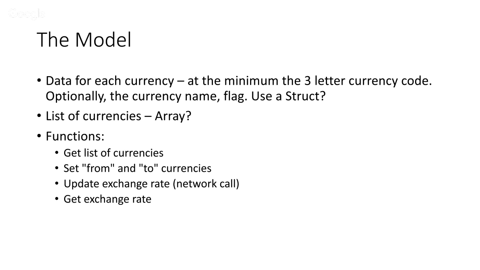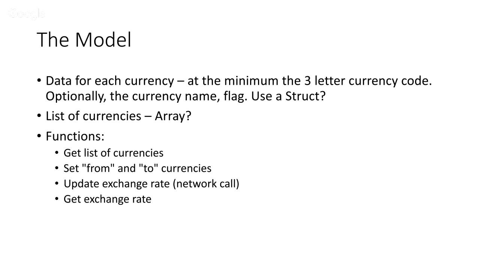So when this selection changes, we need to send that information to the model that it has changed. Based on that information, it will update the exchange rate. So we could have a function called update exchange rate, and it takes the from and to currencies, so that way it knows what happens.